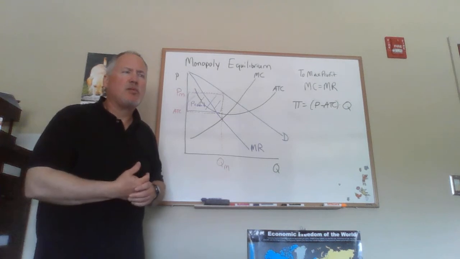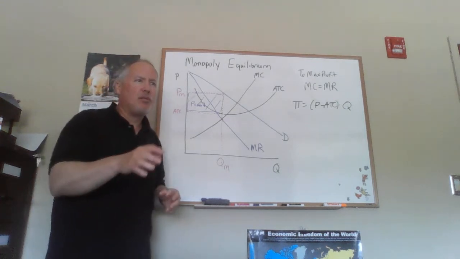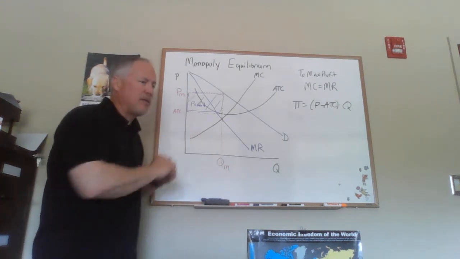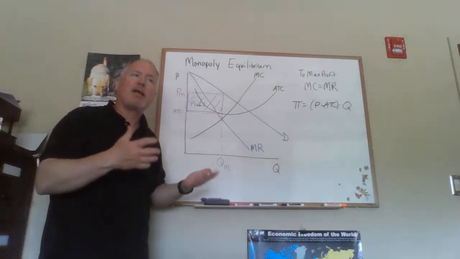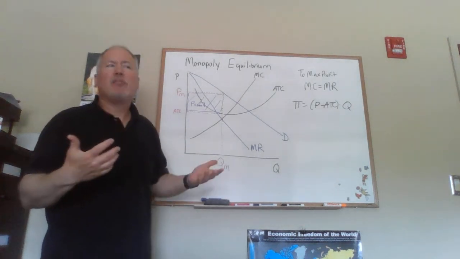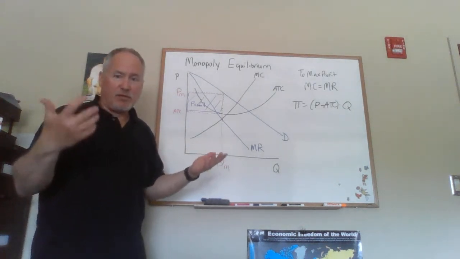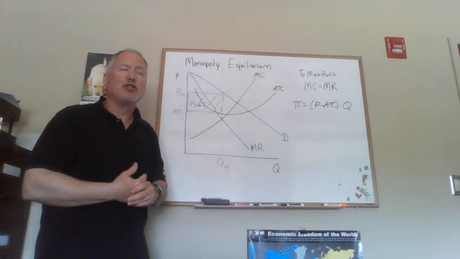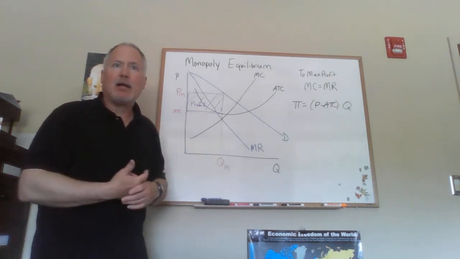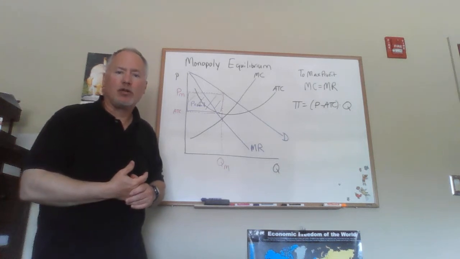So that would be the one case where you could show a monopoly equilibrium where the monopolist is, quote, making a loss, and that probably won't be the long run equilibrium, because no firm is going to voluntarily choose to make economic losses in the long term.